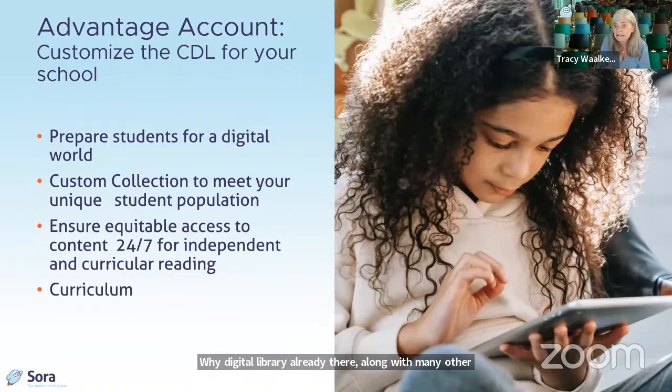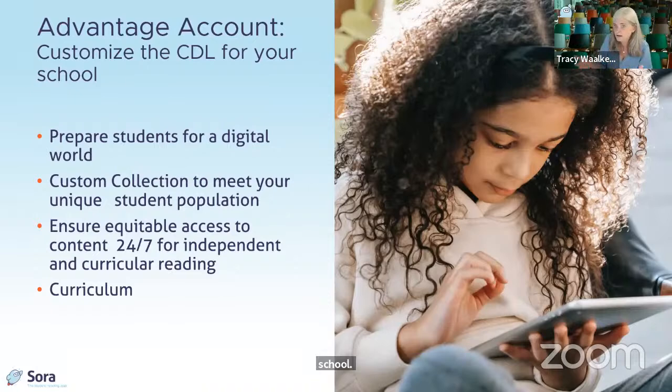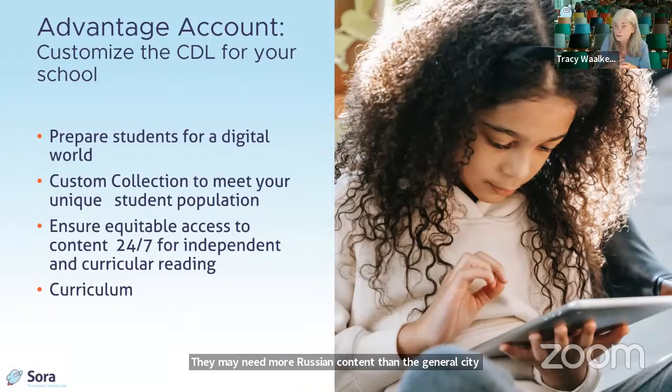But that's a unique need for that particular school. So they may need more Russian content than the general Citywide Digital Library can provide. So you're able to build a sub collection, which we often call an Advantage account, because it's an advantage for your students to have access to that collection.